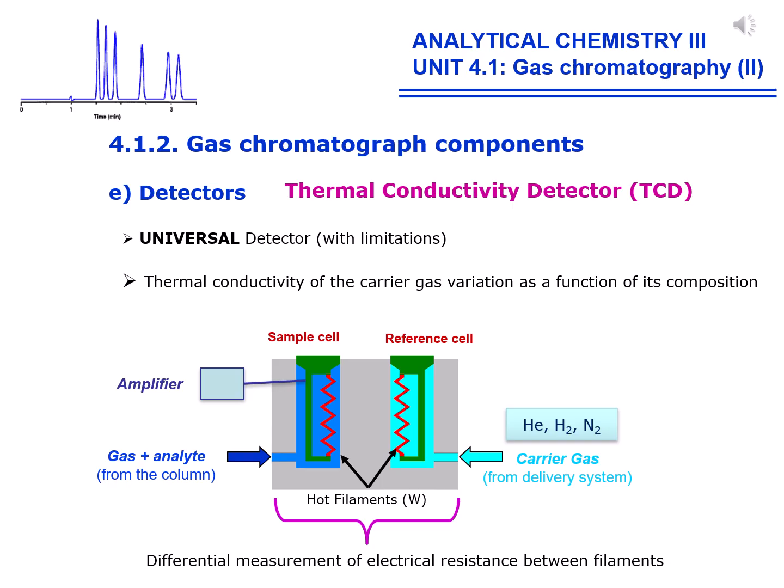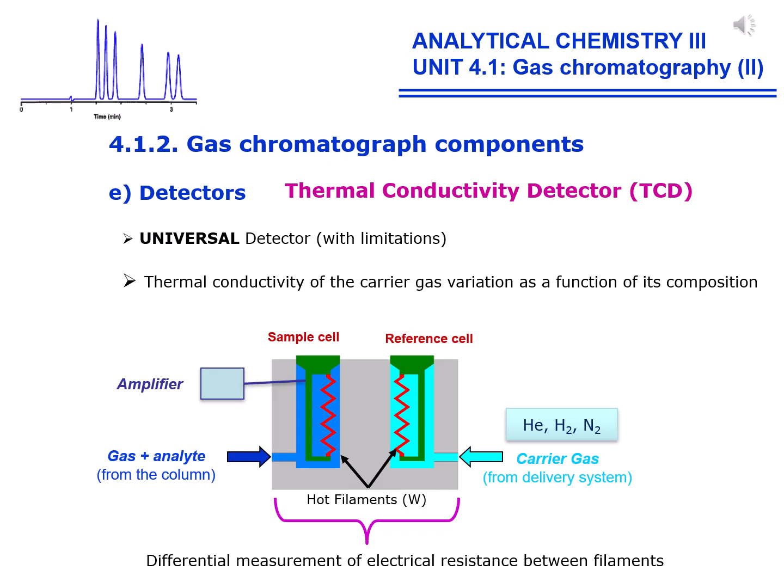This detector senses changes in the thermal conductivity of the column eluent and compares it to a reference flow of carrier gas. Since most compounds have a thermal conductivity much less than that of the common carrier gases like helium, hydrogen, or nitrogen, when an analyte elutes from the column, the effluent thermal conductivity is reduced, and a detectable signal is produced.